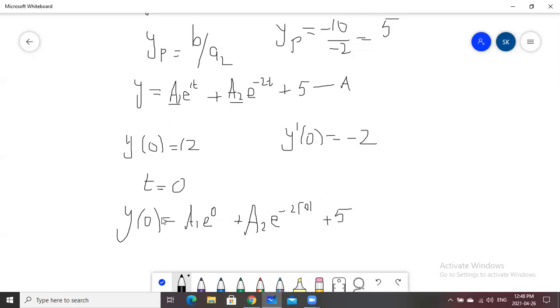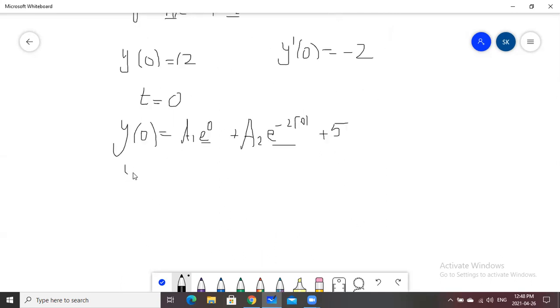What will happen over here is that e raised to power 0 is equal to 1. Again, e raised to power 0 is equal to 1. Therefore, y of 0 will become equal to a1. Why will a1 come over here?